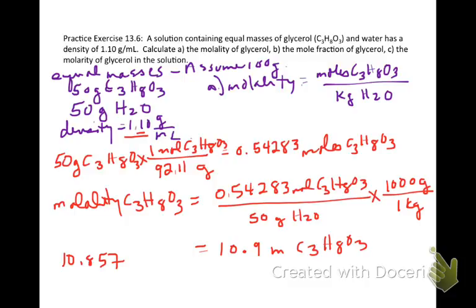Okay, so let's go on and see what we need to do to calculate the mole fraction. We're going to remember that I calculated that there was 0.54283 moles of the glycerol. So now we're looking for the mole fraction. Remembering the definition, and again, it's important to remember these definitions.